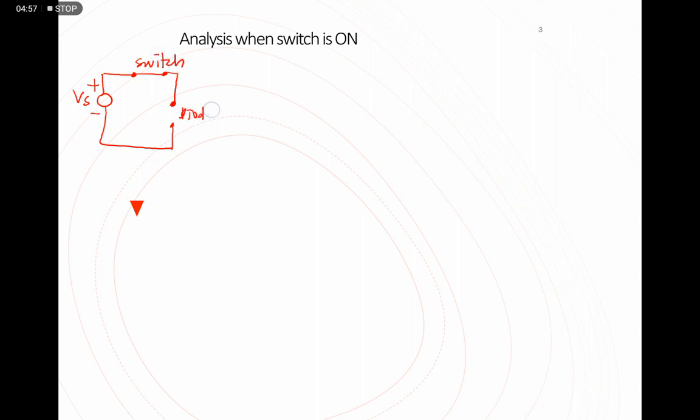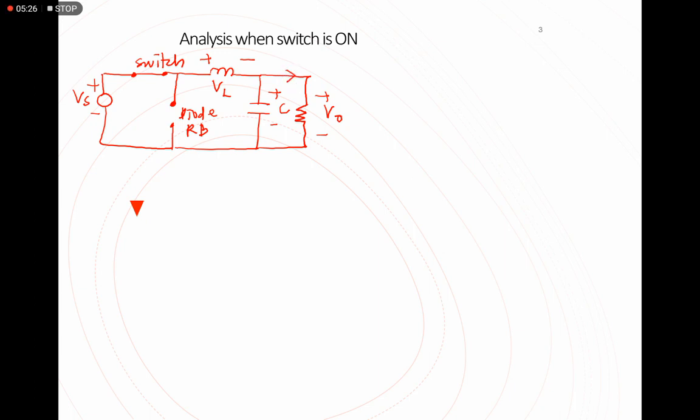Your diode becomes reverse biased, so it will act like an open circuit, and then you have your inductor and your capacitor. Remember, your capacitor must always be connected in parallel with your load. So this is the equivalent circuit.